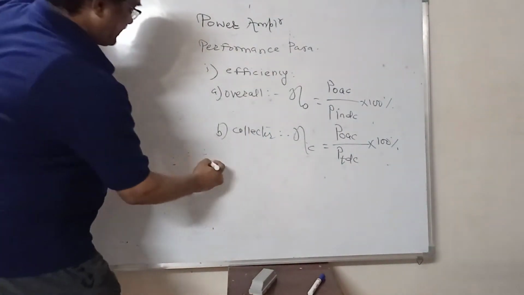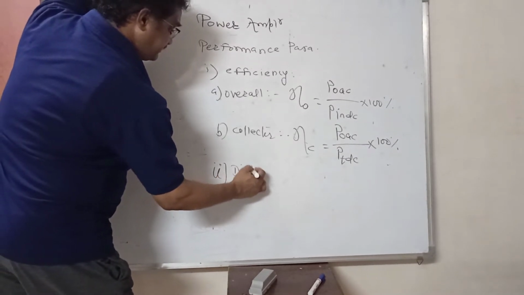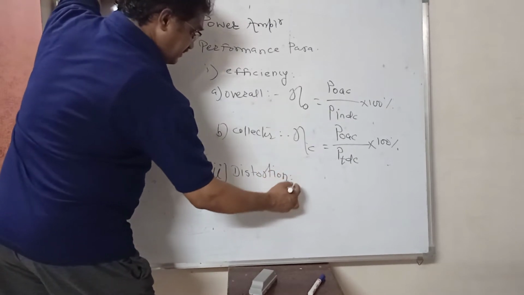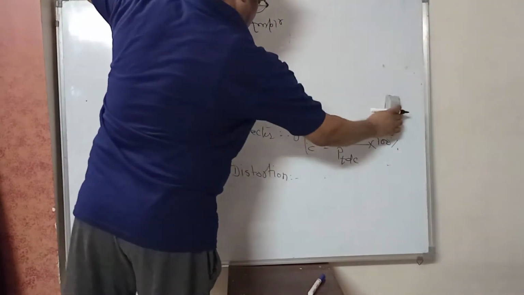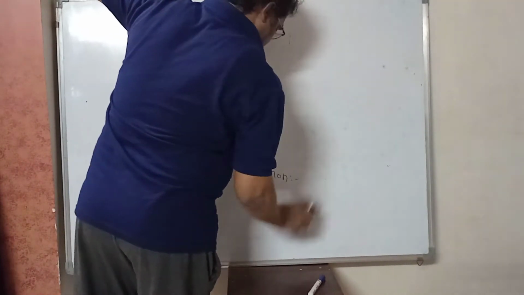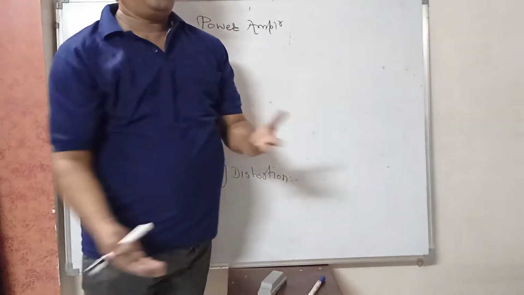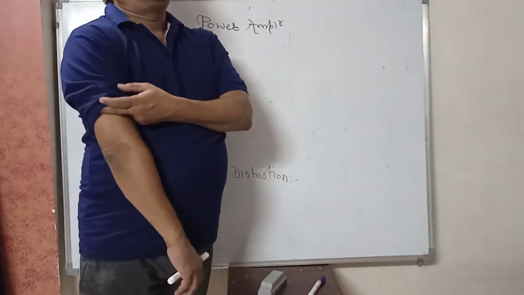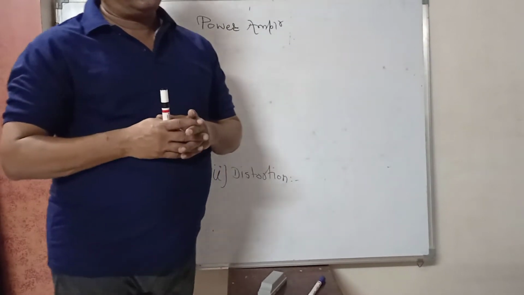Second performance parameter is distortion. Now what is general meaning of distortion? We are applying input, we are getting output.